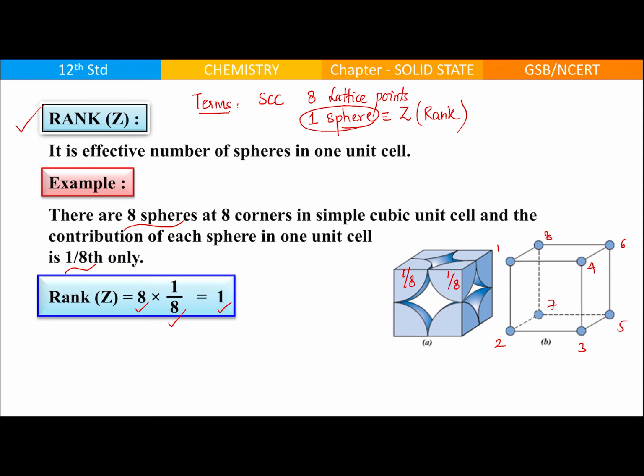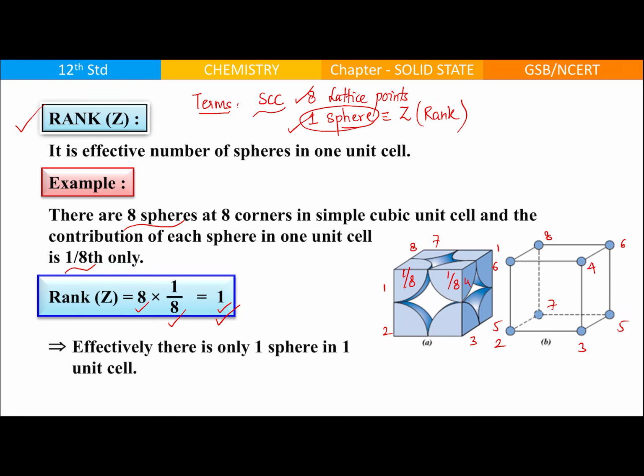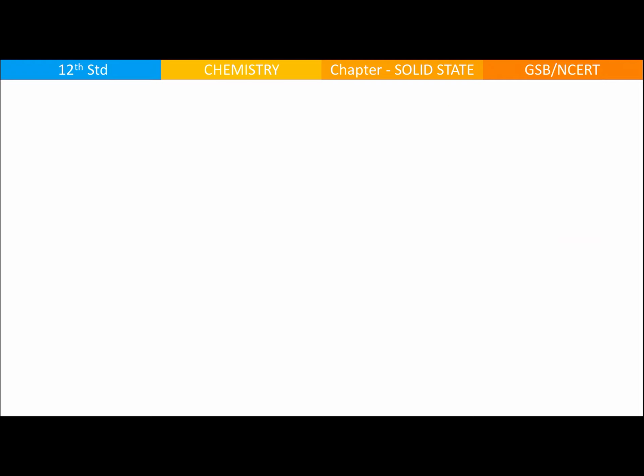But if you add all this, what you realize is it is equivalent to only one sphere. So that is called the rank. So for SCC, lattice points are 8, the rank is 1. Effectively there is only one sphere in one unit cell of SCC.